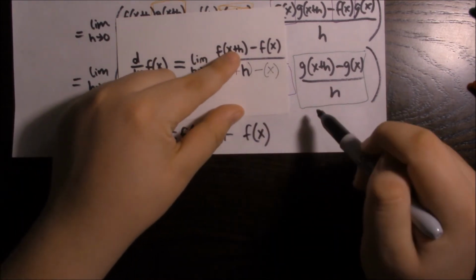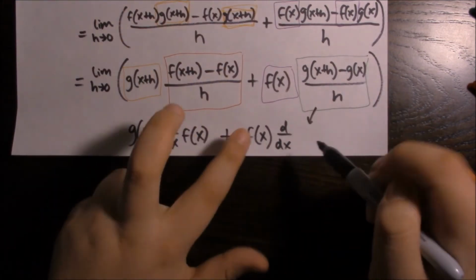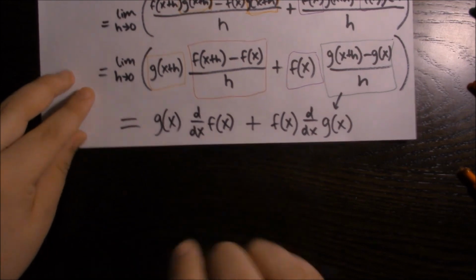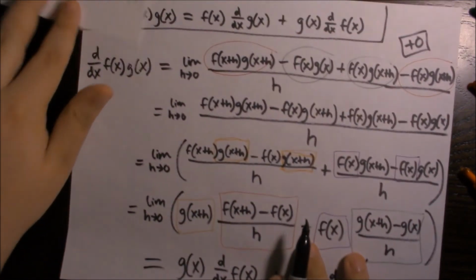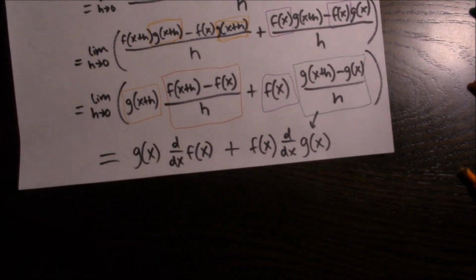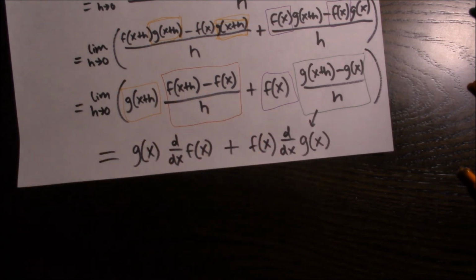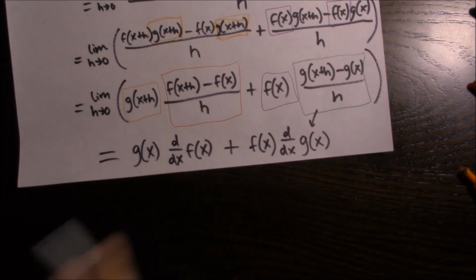So this is the derivative of g of x. And this is the evaluated limit. This is the final form. And as you can see, it is exactly what our product rule tells us. In this case, it's backwards, but you can flip these two terms around and get the exact same thing. So this is the proof of the product rule in calculus.